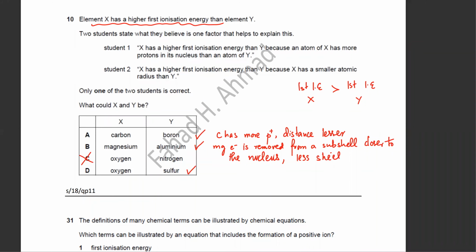Or vice versa, in aluminium, the electron is removed from a p orbital, which is much further away, more shielded. Okay, so that's the reason.